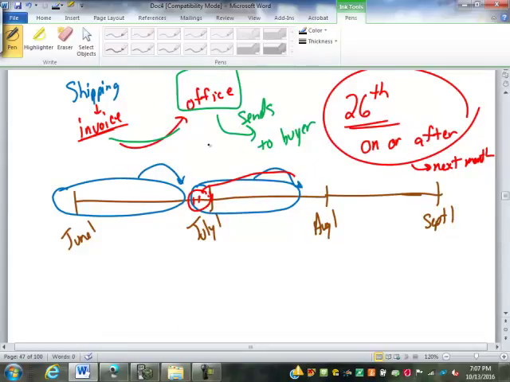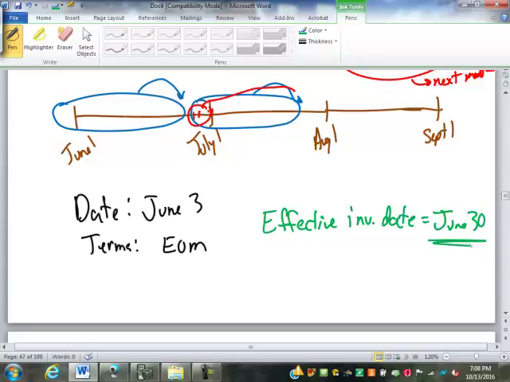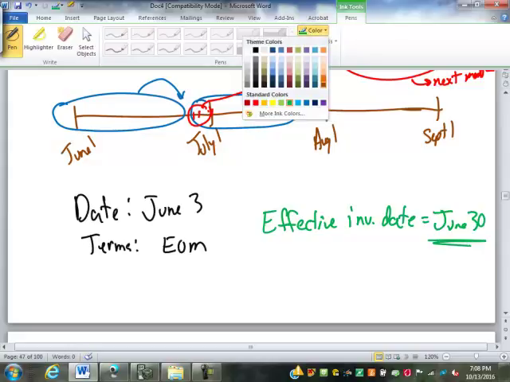So what that means is if we have an invoice dated June 3rd, and in our terms, there's an EOM modifier, the effective invoice date is June 30th, the end of June.